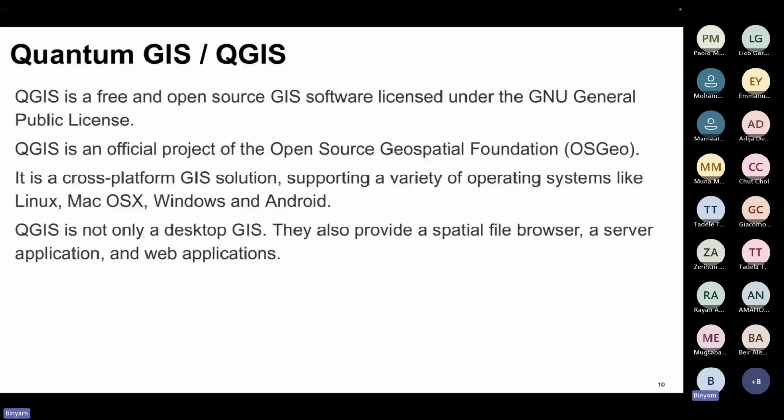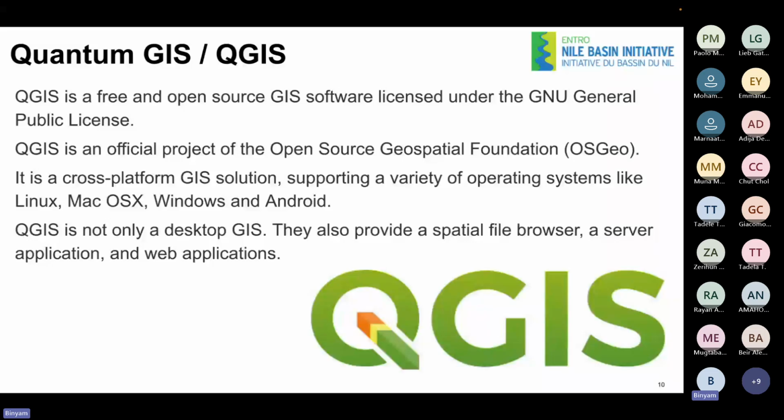So every time there is a responsible project, a responsible people together. And it is a cross-platform GIS solution that is supporting a variety of operating systems like Linux, Mac, Windows, even Android.